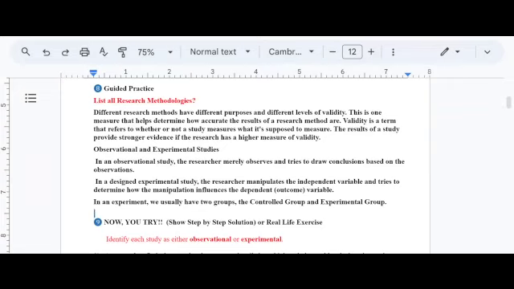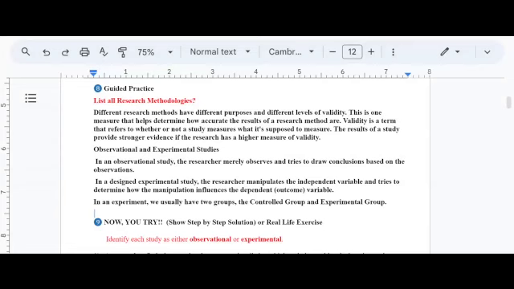Just like we said about the amount of water you put in the plants and how this will affect the growth of the plants. So the water is the independent variable, and the plants growing, the height and number of leaves, is the dependent variable.